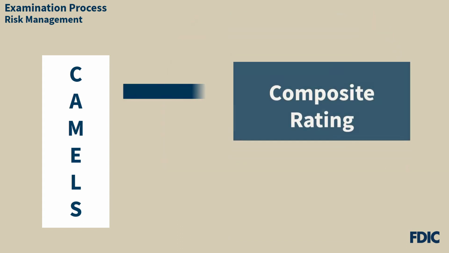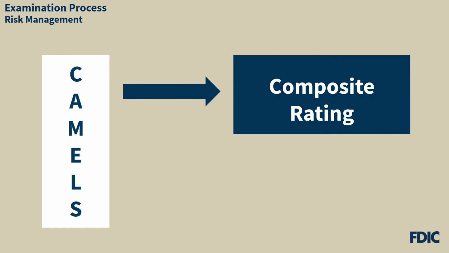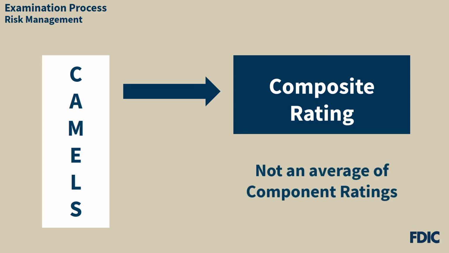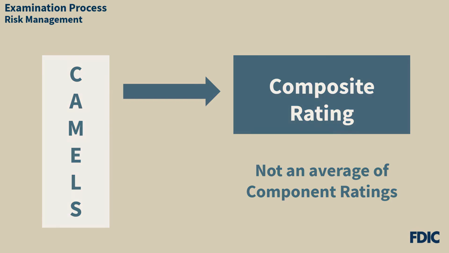After assigning ratings to these areas, a composite rating is determined. However, keep in mind that a composite rating is not an average of the CAMELS component ratings. Rather, it depends on the specific findings or concerns that may arise from the examination.